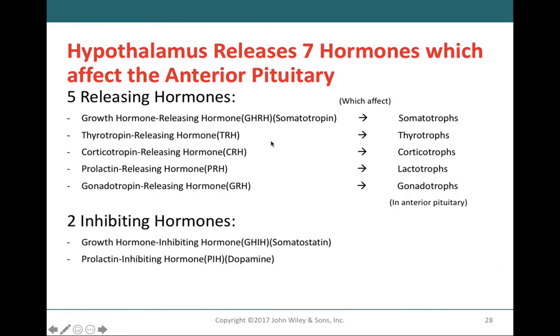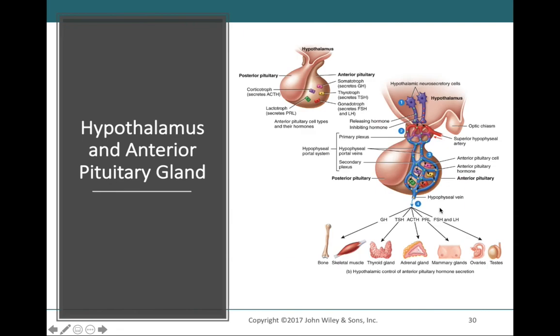Well, thyrotropin releasing hormone, TRH, is going to affect thyrotrophs, and corticotropin releasing hormone is going to affect corticotrophs. Prolactin releasing hormone will affect lactotrophs. And lastly, gonadotropin releasing hormone is going to affect our gonadotrophs. So those are the 5 groups of cells that we see here. You can see our somatotrophs, thyrotrophs, gonadotrophs, our lactotrophs, and our corticotrophs.